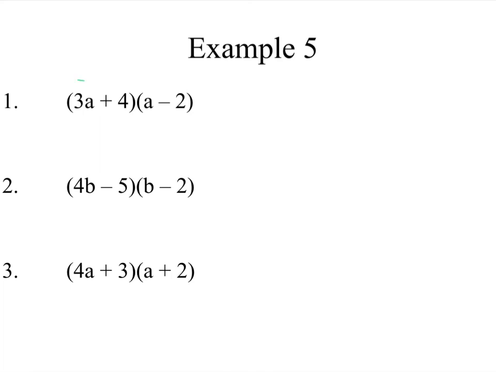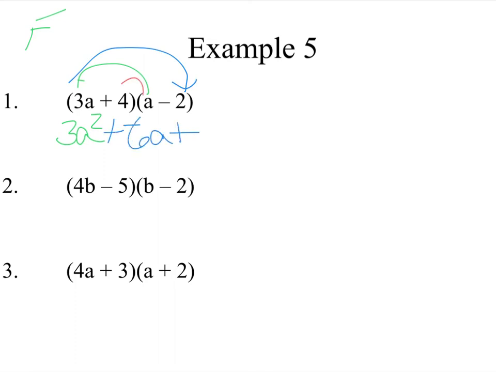So I'm going to multiply my first 2 pieces in the parentheses. So it's going to give me 3a squared. So that's my first. My outer is the 2 outside terms in the parentheses. That's going to give me negative 6a. Inner is the 2 inside pieces, for 4a.